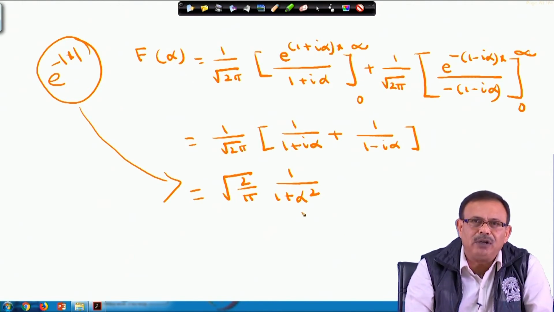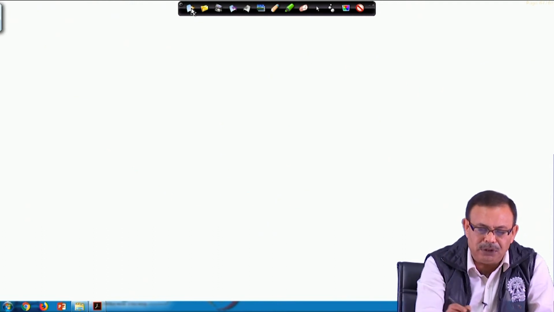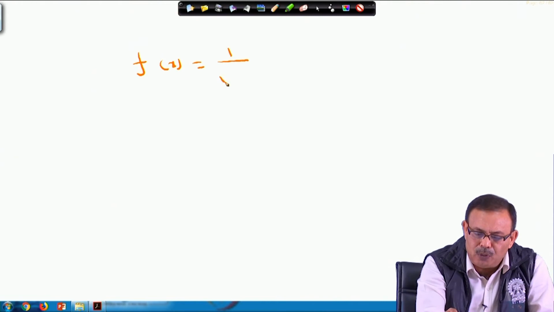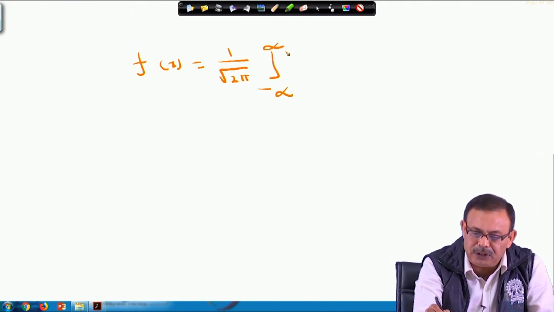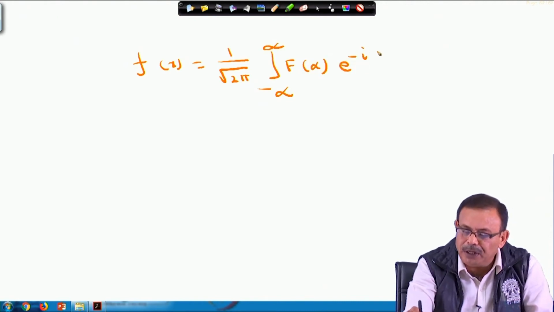To evaluate the value of the integral, I have to take the inverse Fourier transform. Using the inverse Fourier transform, f x equals 1 by root over 2 pi, integral from minus infinity to infinity f of alpha into e power minus i alpha x d alpha.